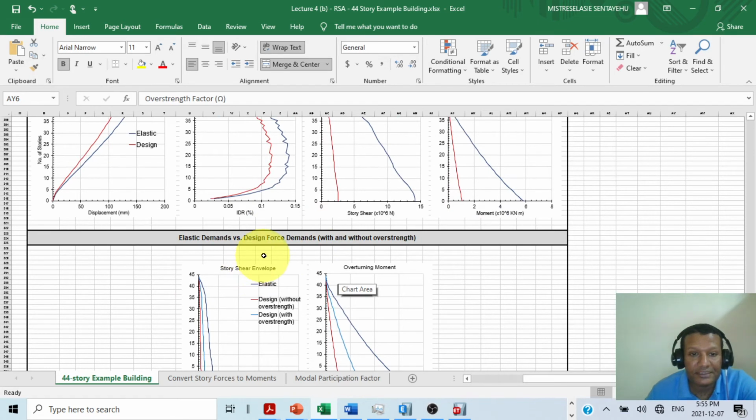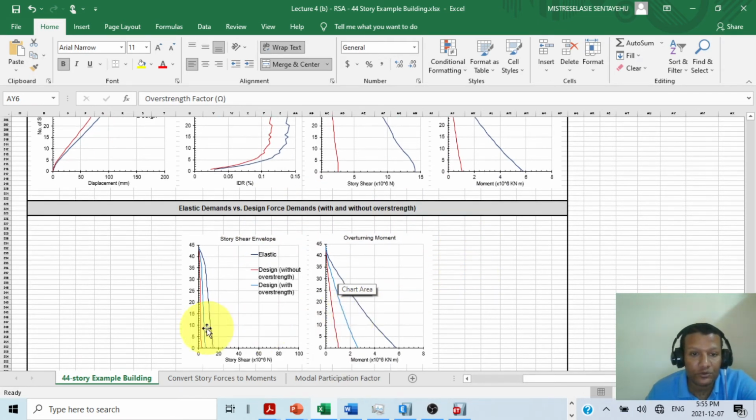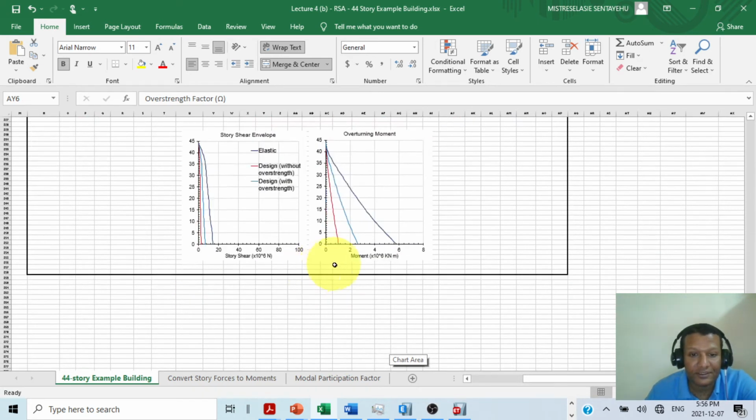Elastic demand versus design force demand with and without overstrength we can also see here. So this is design without overstrength, then the elastic one is this one, and design with overstrength, the blue one. So this is the difference.